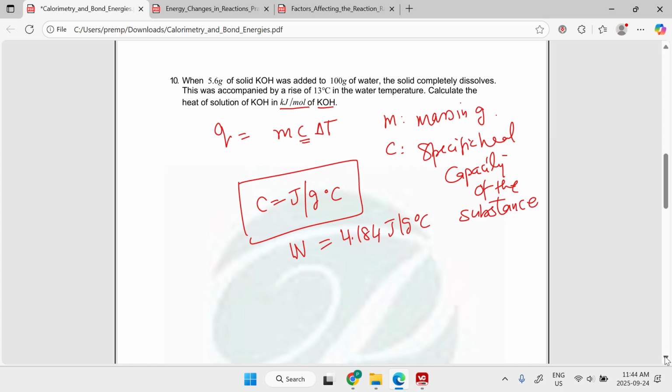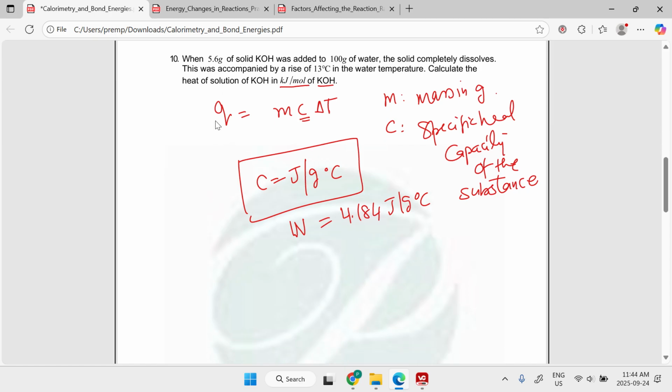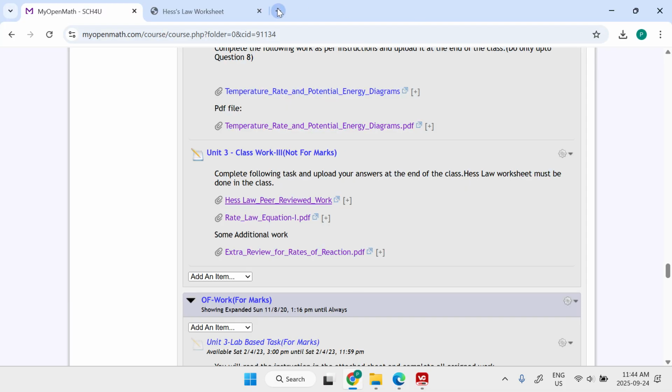So how can we do it? First of all, you should know how many moles are involved when we talk about 5.6 gram. So find the moles, which is equal to mass divided by the molar mass of KOH. So it's 5.6 divided by the molar mass of KOH. Let me quickly check it.